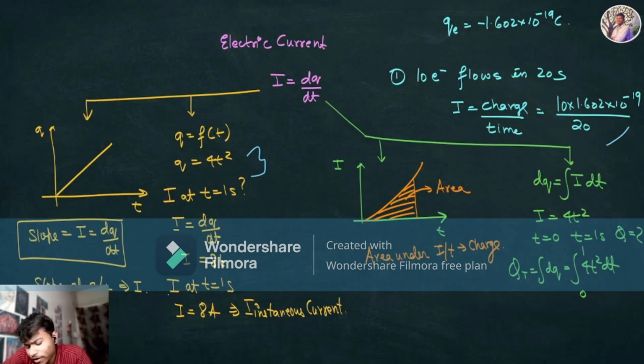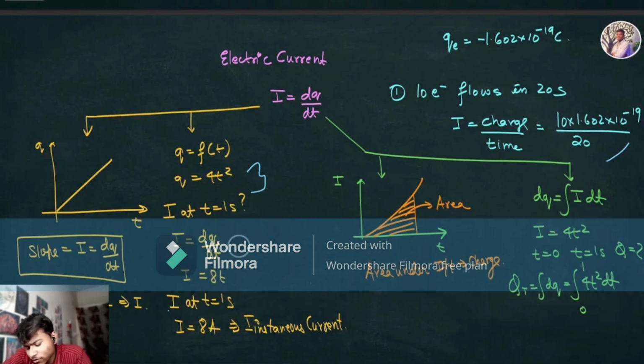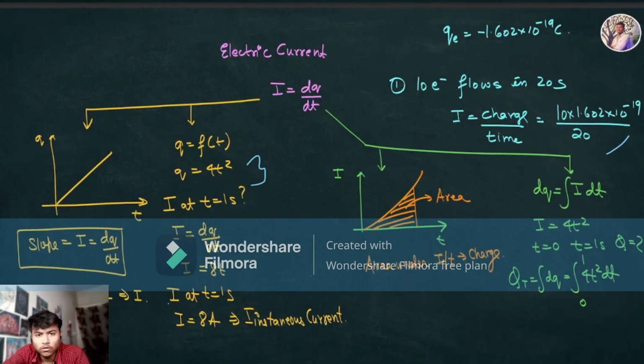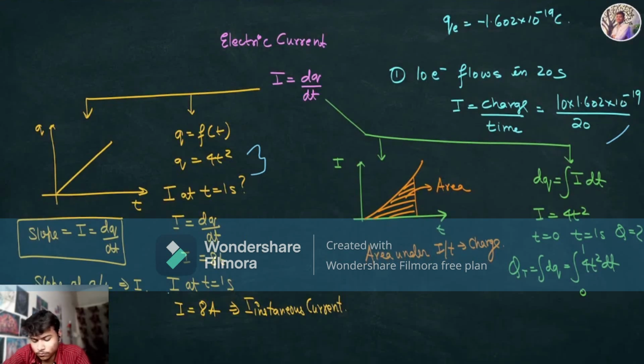Here is an example where I is equal to dq by dt.